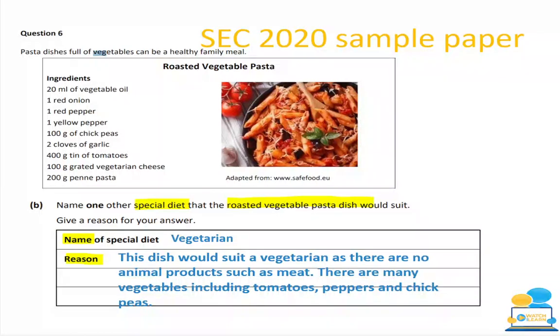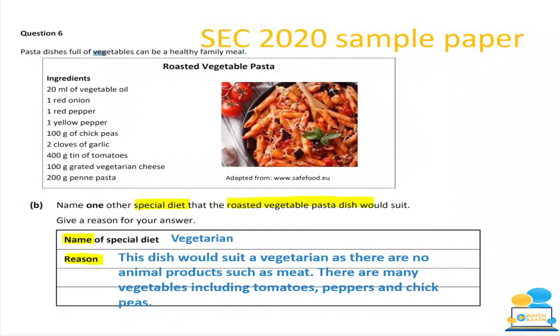So I can look at the ingredients, I can see that there are no animal products, especially because it says vegetarian cheese, which means it's also suitable for vegans because it is not made from dairy products. And there's no meat at all, just vegetables. So I would say vegetarianism, and I would say this dish would suit a vegetarian, or you could say lacto-vegetarian or vegan, as there are no animal products such as meat.